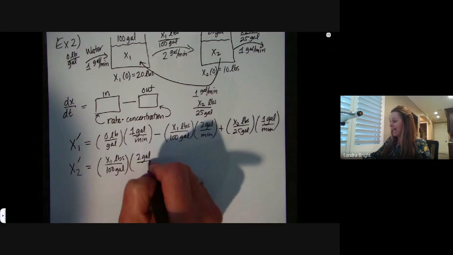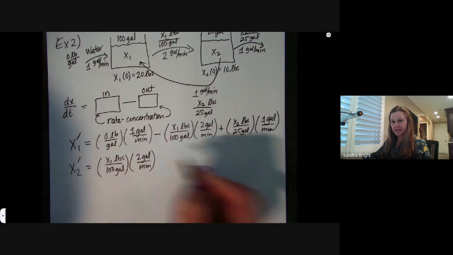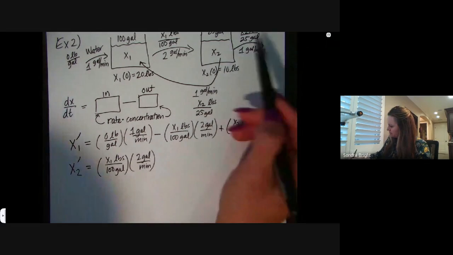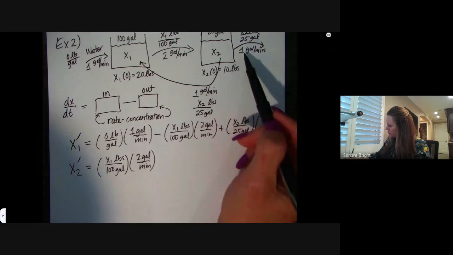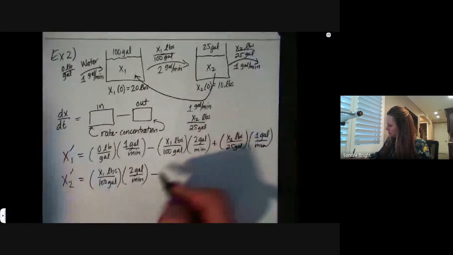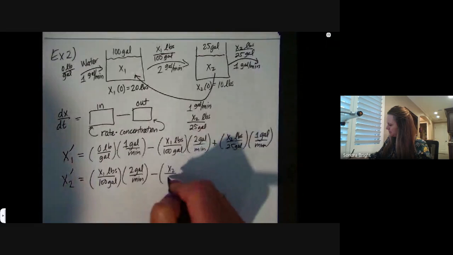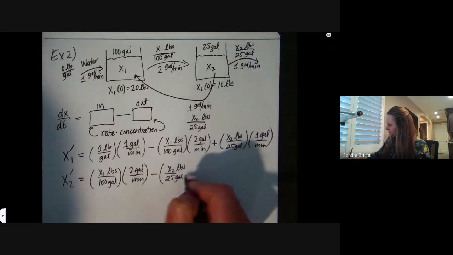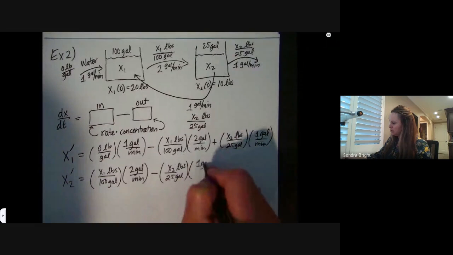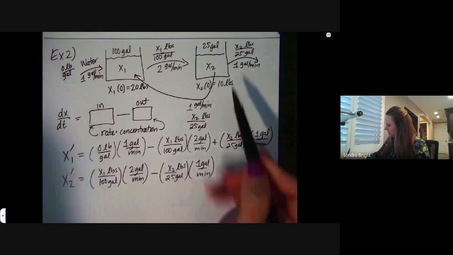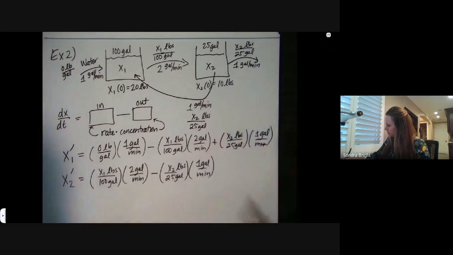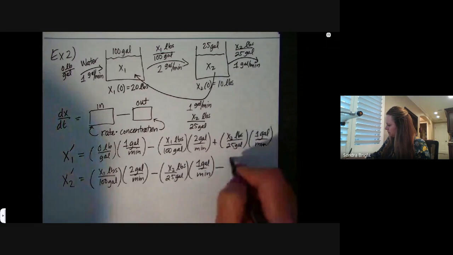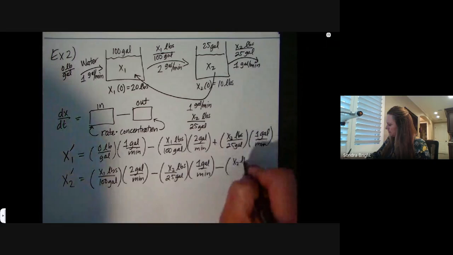Going out, minus x2 pounds per 25 gallons times 1 gallon per minute. And also going out from tank 2 to tank 1, x2 pounds per 25 gallons times its rate, 1 gallon per minute.